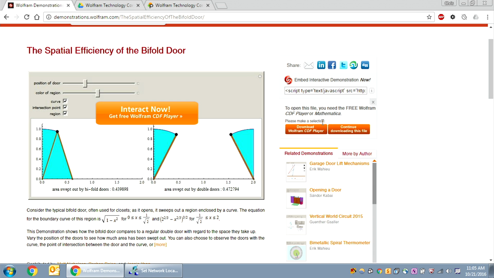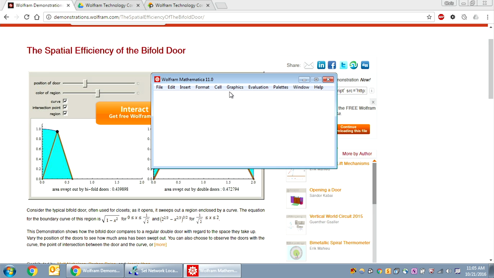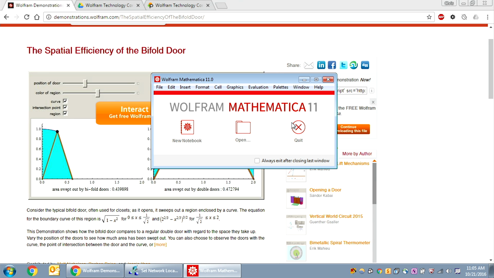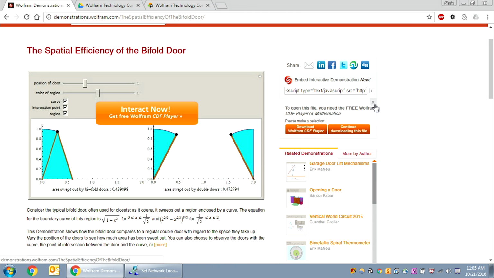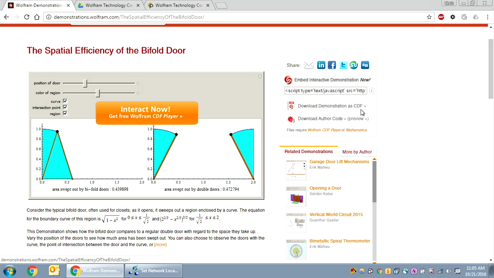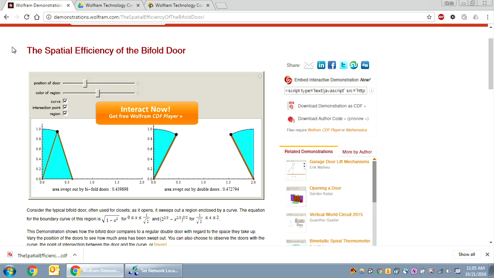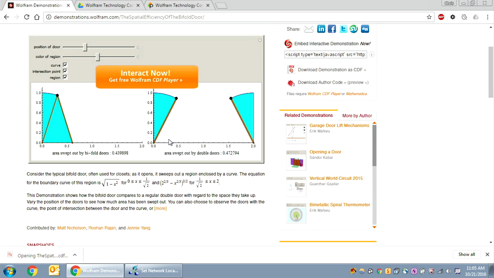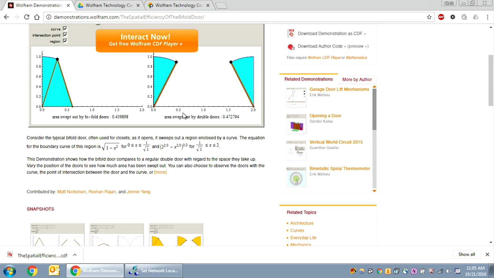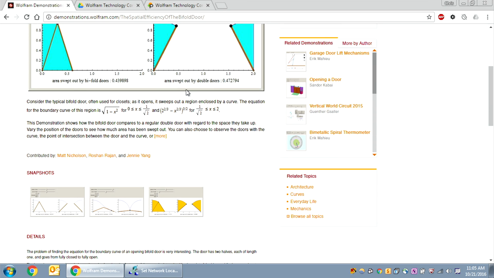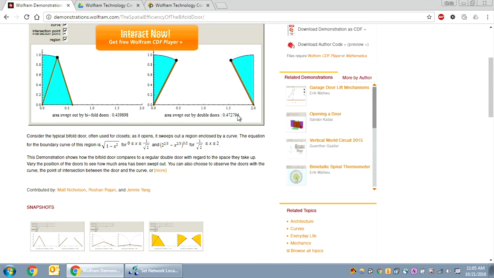So I'll talk a little bit more about why this was an interesting problem for us while we're waiting for this to go. Obviously, as college students, space comes at a premium. So we wanted to figure out a way to maximize our space. It follows that we would study a problem like the efficiency of a bifold door.